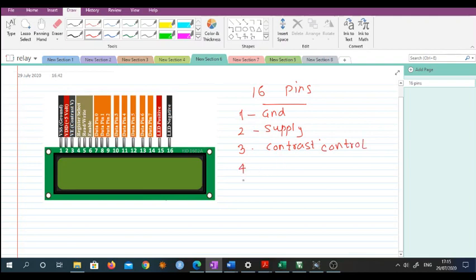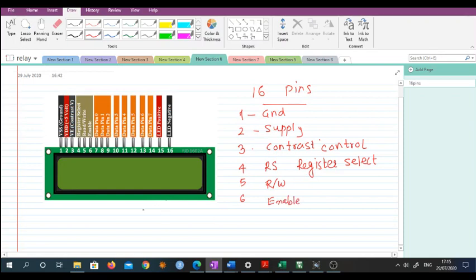Then pins number 4, 5 and 6. These are very important pins as far as LCD output displays are concerned, and they are called RS, which stands for register select, then the read write pin, and the sixth pin is the enable pin.